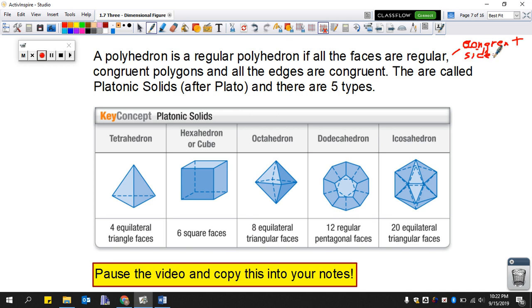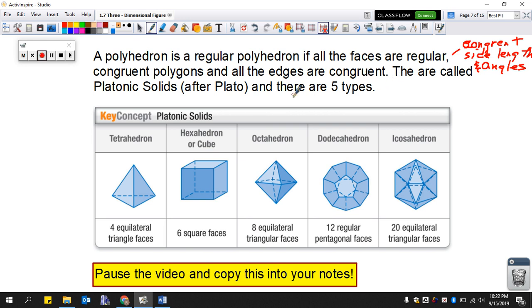So we have congruent side length and congruent angles. All the angles are congruent. Okay, so a polyhedron is a regular polyhedron if all the faces are regular congruent polygons and all the edges are congruent. All the edges of the polyhedron are congruent.